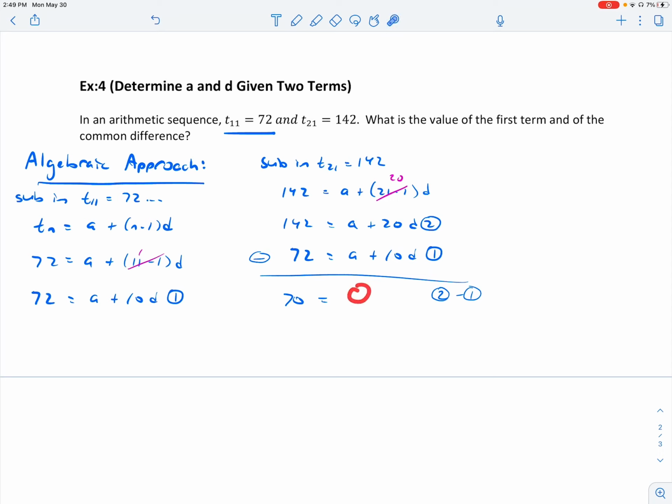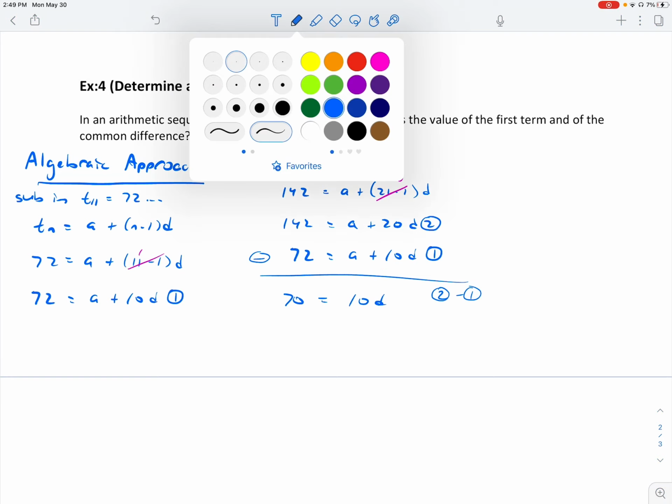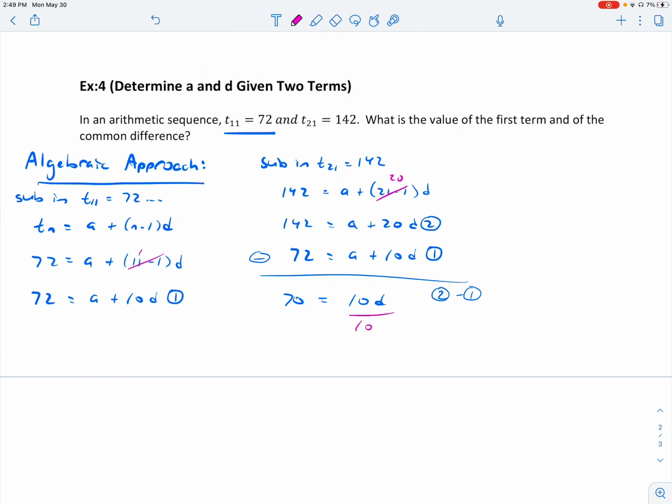I'm not going to write a 0 here because there's no point. 20D minus 10D is going to be 10D. Okay, and now this is really easy. Divide both sides by 10. And we got D equal to 7.